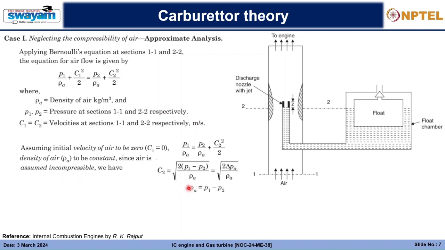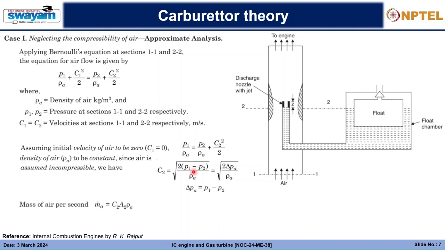So finally, by solving this equation, we have C2, the velocity of air at the throat, equal to the square root of 2 into delta PA divided by rho A, where delta PA is P1 minus P2. So the pressure difference across this is driving the air at a higher velocity across the venturi. So that's seen out here.